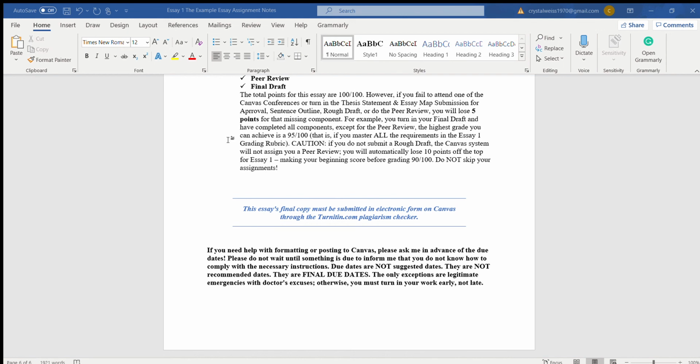Click back into your paper. Okay. Then in your heading, you're going to write your name. I'm just putting name, but put your name. Then you're going to write my name. Then you're going to write essay 1, semicolon, and then whatever the assignment is, whether it's your outline, your rough draft, whatever.